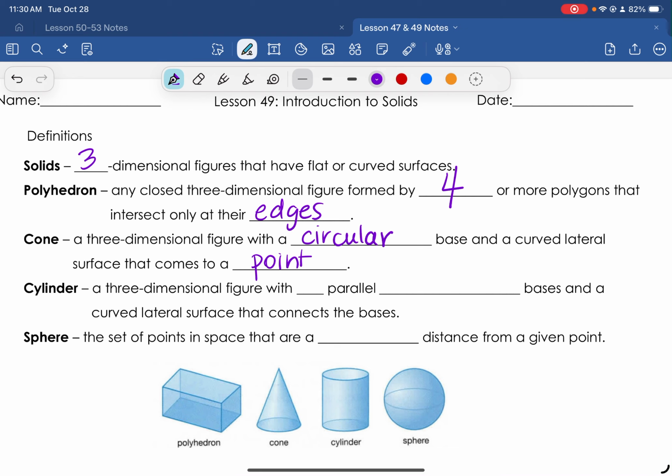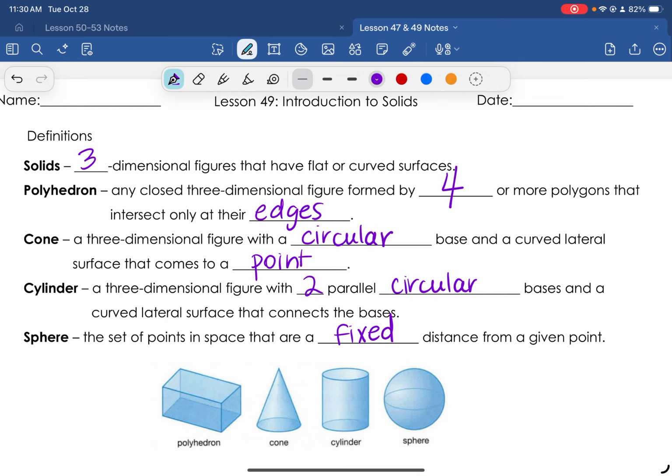A cylinder, however, has 2 parallel circular bases, whereas a cone only has 1, and a curved lateral surface that connects those bases. And then a sphere is the set of points in space that are a fixed distance from a given point.